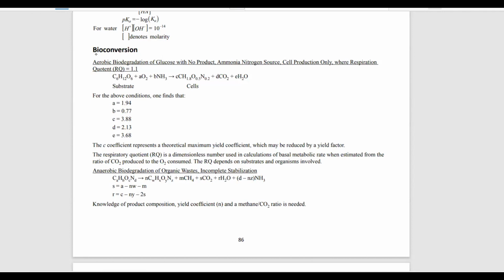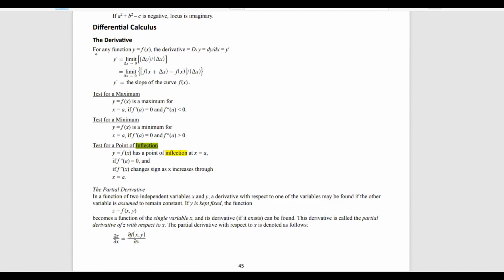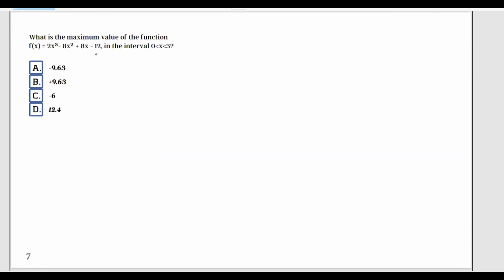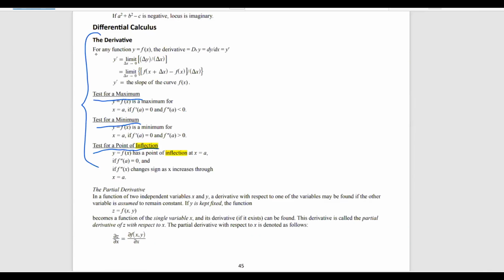But I usually write inflection, and that will take me straight to this. This is the place you want to be. Test for a maximum, minimum, and for inflection. And in our case, we have a test for maximum. So we're going to use this over here.